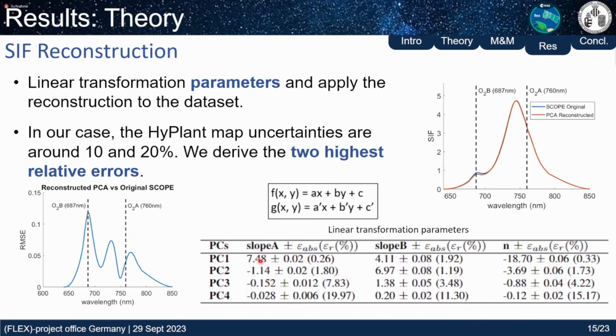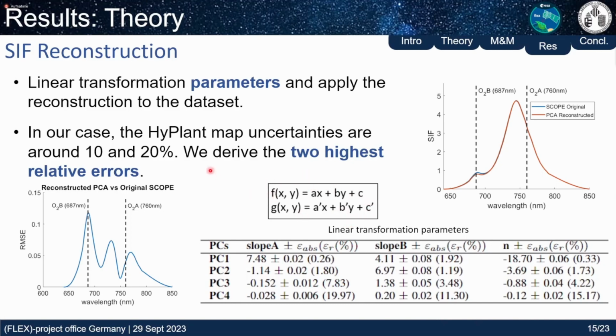We found that for the first two principal components, the relative error of the parameters is very low, lower than 1.992. But when we pass to the rest of the principal components, the relative error grows very much. So we can't use these principal components to reconstruct the full spectrum. In our case, I explained before the propagation of the uncertainties throughout this linear transformation.